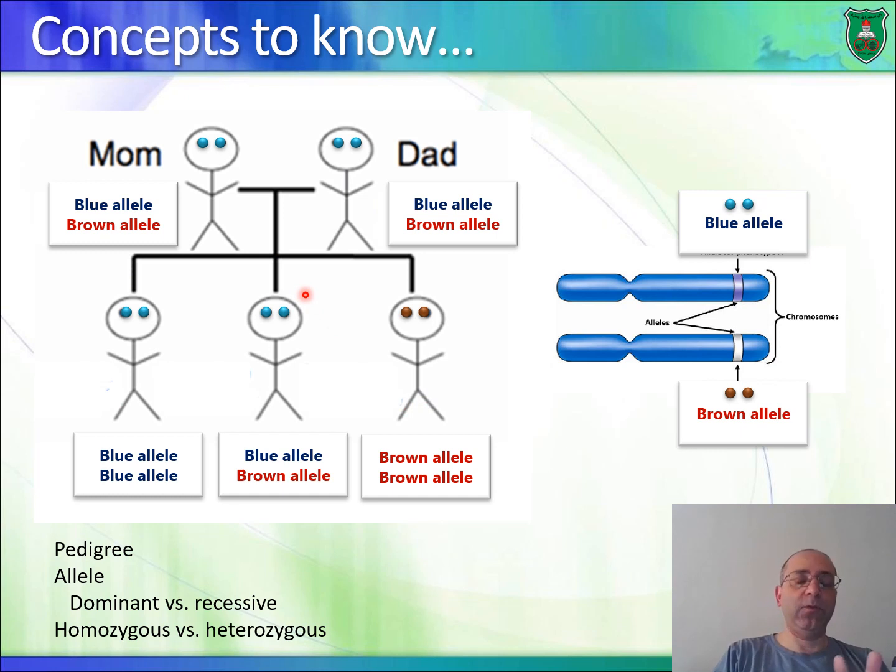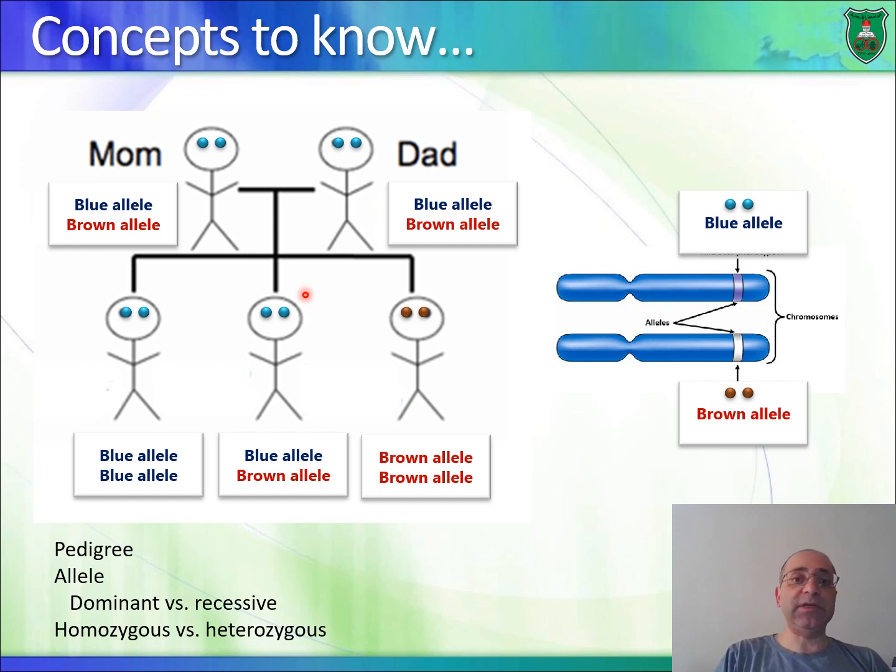By the way, 2-3 weeks ago, scientists discovered that there are more than 50 genes that can control eye color. But let's say that we have a single eye color gene, a gene that determines what eye color is.